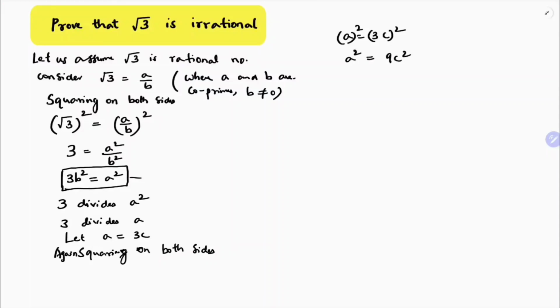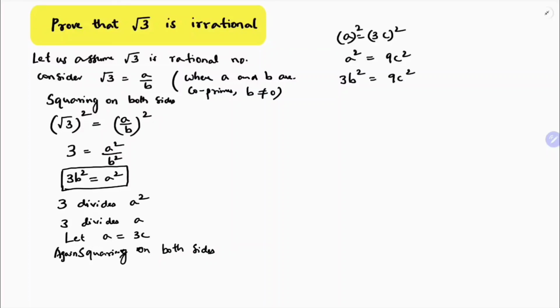Now a square value I'll substitute here. What is a square? A square is 3b square. So 3b square equals 9c square.